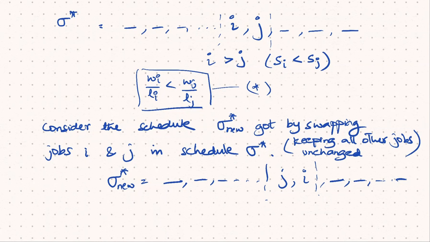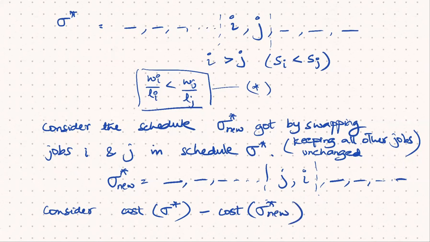Okay, now consider the cost of this new scheduling. In particular, let's consider the cost of sigma star minus the cost of sigma star new. Okay, so what is it?